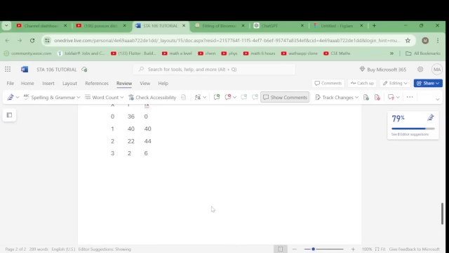So 3 is 6, 2 is 44, 0 is 36, and then 1 is 40. So I'm trying to input it in my calculator. Then you click on AC, you click on shift 1, then data, make sure it is there, then shift 1, variables, and you can see the x bar as your mean.